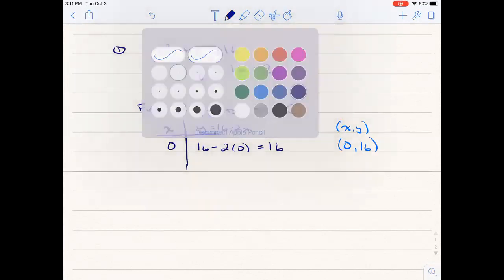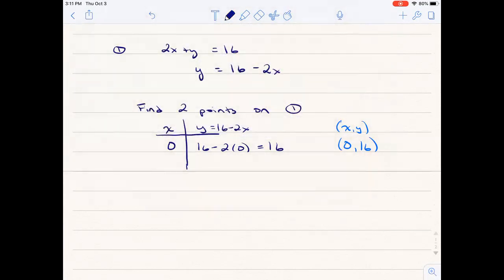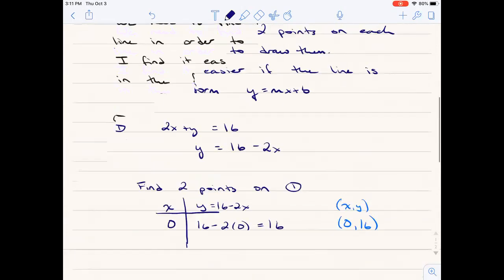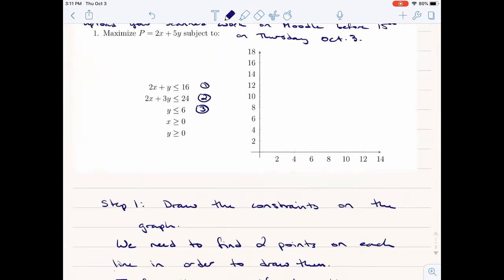So if you wanted to be clever, what if y is 0, then what's x? Because sometimes that's what we have to solve for later anyways, so we may as well do that work. Where does it cross the x-axis? Sometimes it's not reasonable because it might not be on the grid that I gave you, but often it will be.